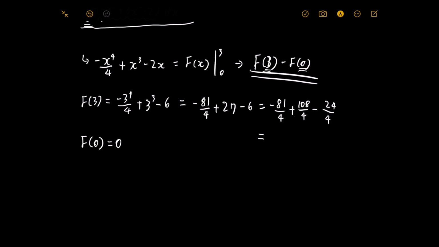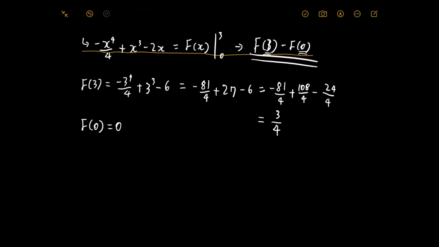And this is equal to 3 over 4. So the next step is to subtract 0 from this number, and the answer is 3 over 4.